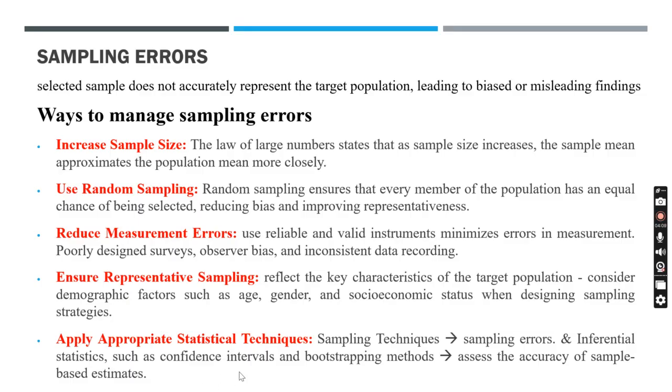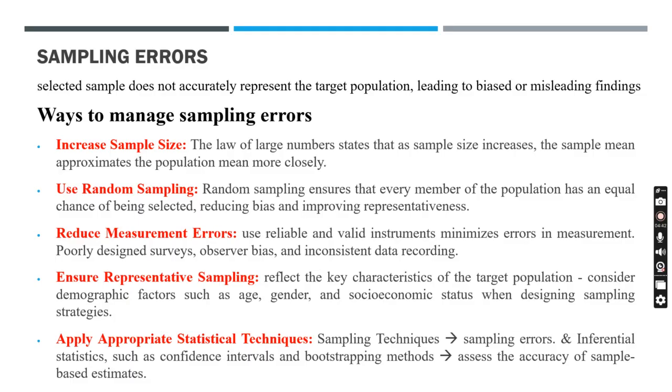The final point is to apply appropriate statistical techniques. The sampling techniques you are using, whether probability sampling or non-probability sampling, could lead to sampling errors. So if you use appropriate statistical techniques, such as the confidence interval and bootstrapping methods, they will help you assess the accuracy of the sample-based estimates.